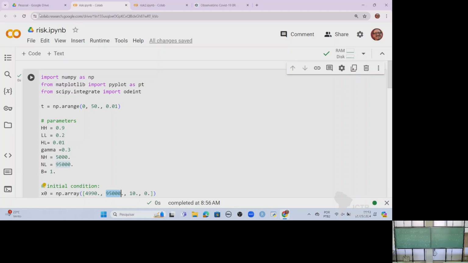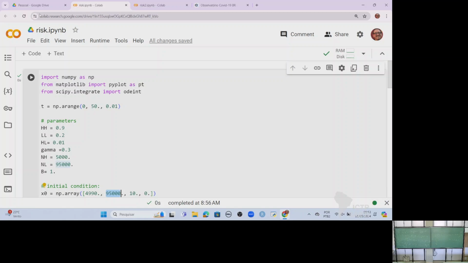I divided the high risk group by the total number of high risk people, and I divided the low risk group by the total number of low risk people. So I'm calculating the relative values. This gives you more like the incidence per capita in each group.